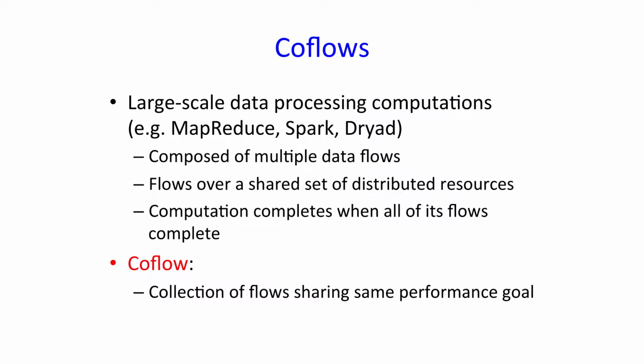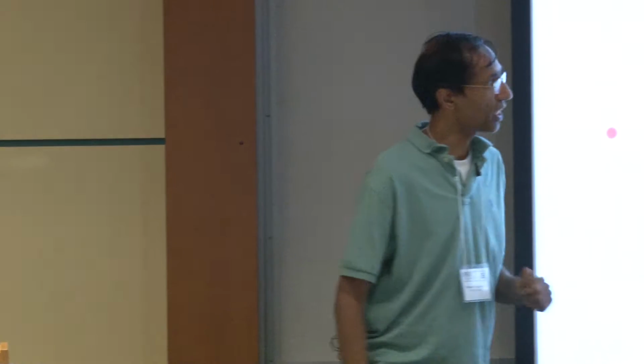Large-scale data processing computations, for example, those arising in MapReduce computations, Spark, or Dryad parallel programs, are composed of multiple data flows. A single computation will be composed of multiple data flows, reducers and mappers communicating with one another. And these flows are running over a shared set of distributed resources.